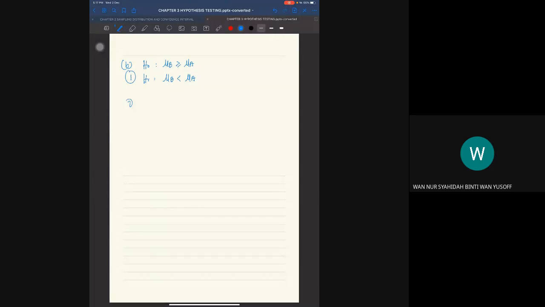The next step is to choose the formula. Here we have independent samples. The first condition to choose the formula: sigma square is unknown. So sigma square A and sigma square B in this case are unknown.